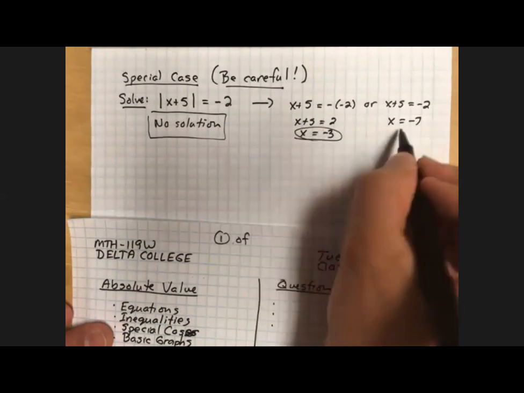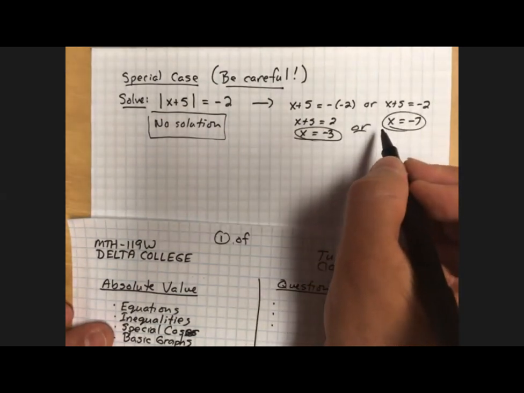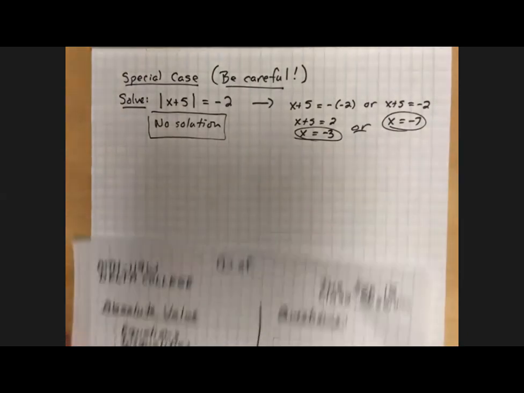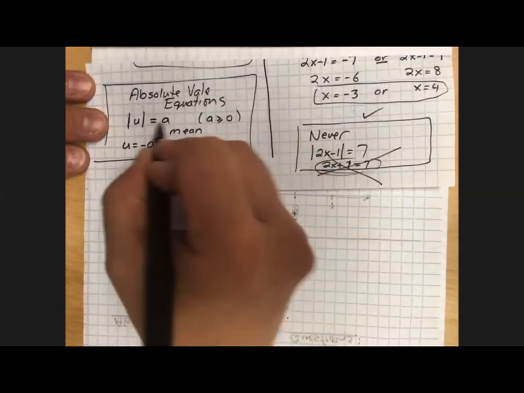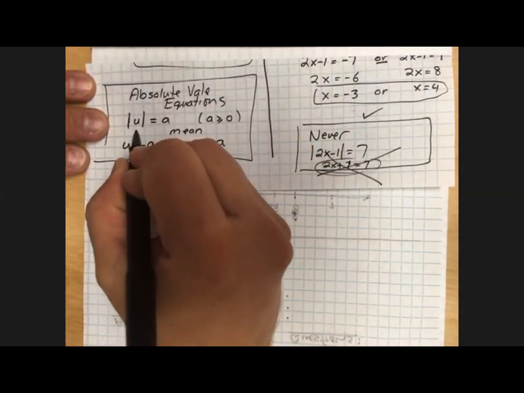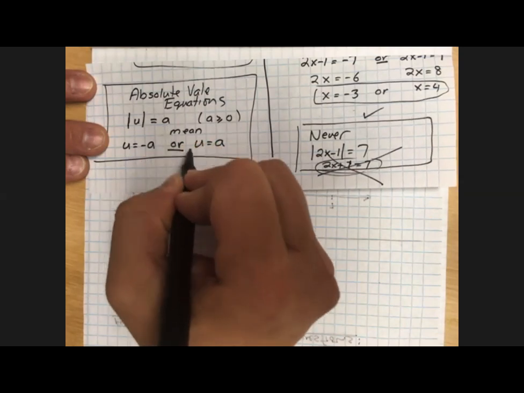And then you circle these answers because you're just following the rules, right? The answer is no, you're not following the rules. This could be a 0 on the other side, and I'll do 0 right now in just a second. But it can never be negative right there, or else you won't be able to use this rule.